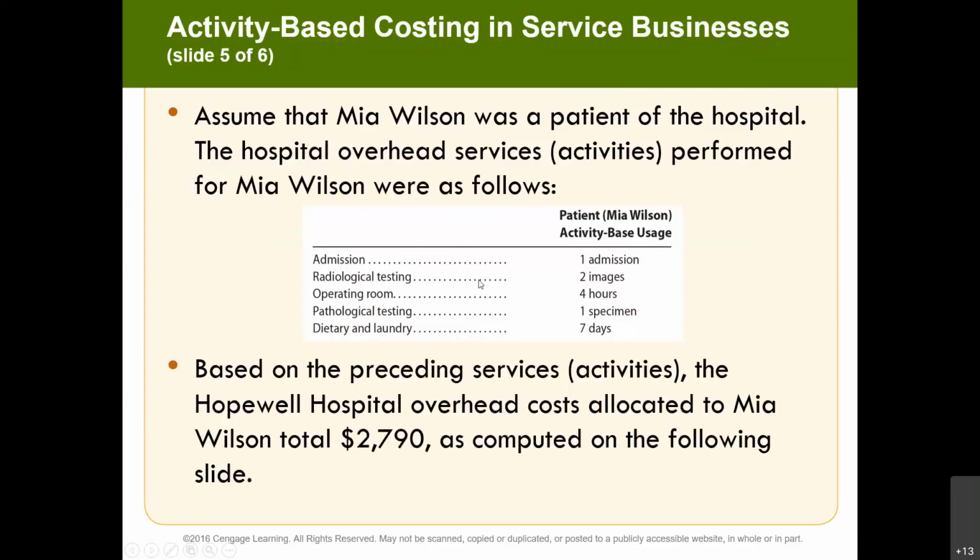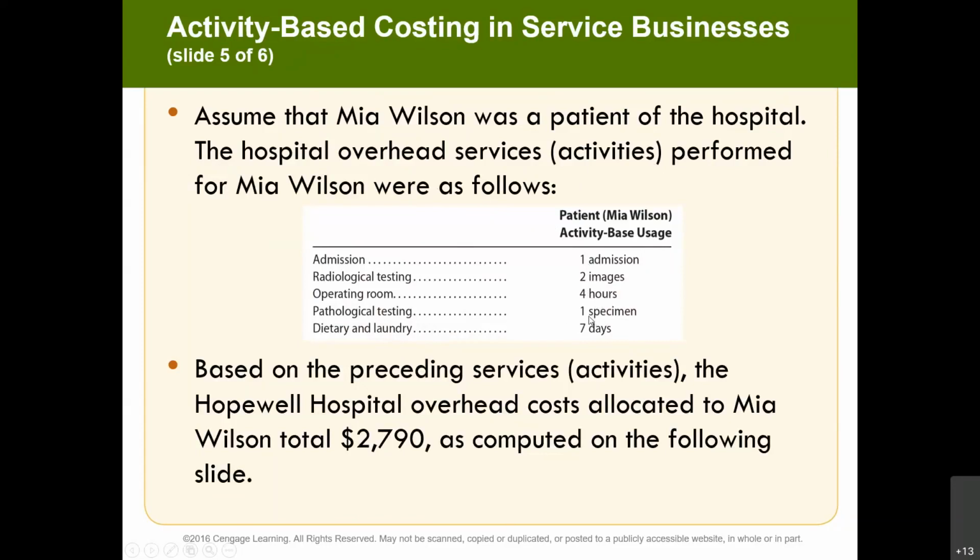So in our example, we have a patient in the hospital. The hospital overhead services or activities are performed on this patient as follows. We admitted the patient once. We did 2 radiology tests. The patient spent 4 hours in the operating room.